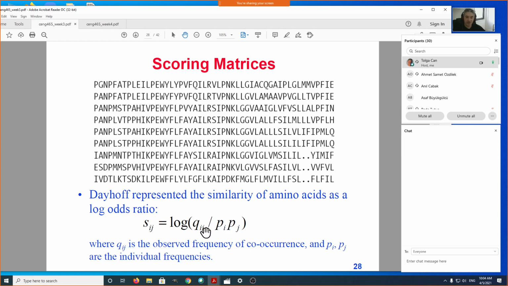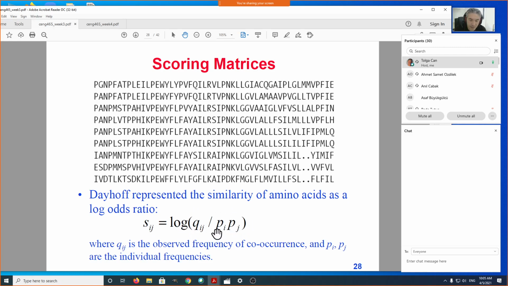But if they're observed together more in alignments compared to random matching, we need to give them a match score, because in alignments they're observed more. So we should guide the other alignments in such a way that these are matched together. One way to do that is to give them a positive score. So if Qij is larger than Pij, the logarithm will be a positive value.